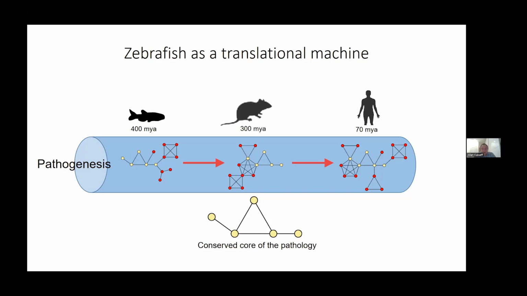If in the process of our research, we are lucky to establish an important pathway that has conservation between the 3 species, between the humans, the rodents, and zebrafish, as shown on this slide, chances are that we are really targeting a very important pathway that is in the center of the pathogenesis, in the center of the pathology. That way, we can target that pathway, its targets, and eventually treat the disorder.